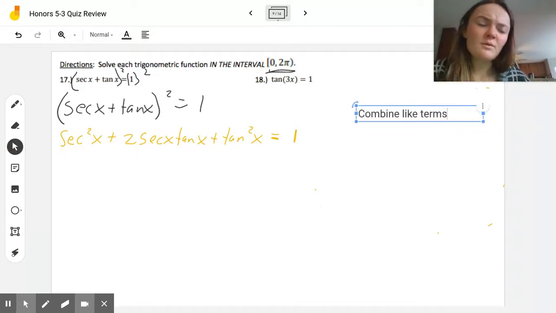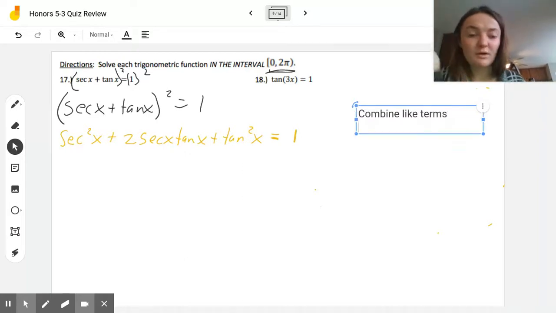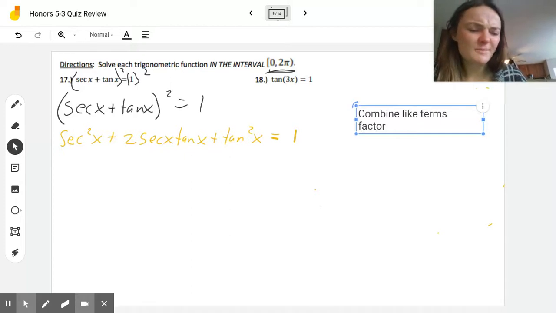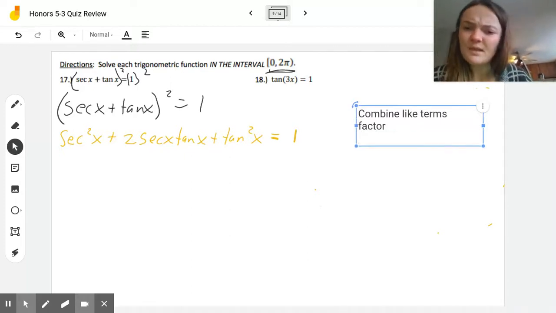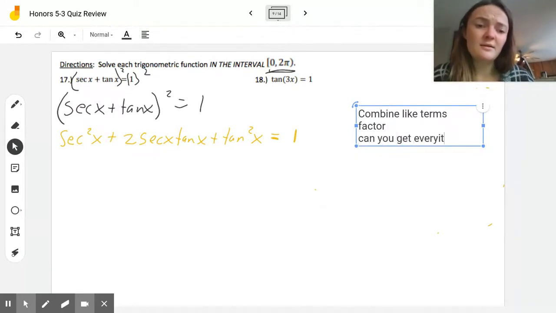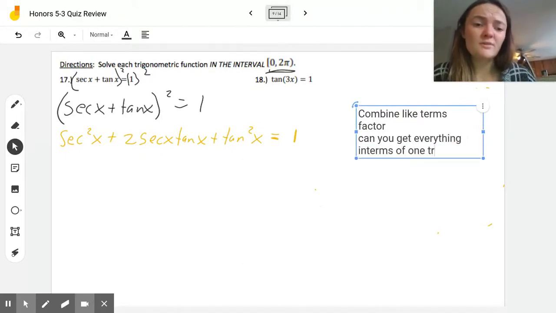Well, I can't really combine like terms at this point. I've done all of that. Next thing I can look to do is factor. I just did the opposite of that. I don't want to do that. So I'm trying to figure out what to do here. Well, most of these problems come down to this: can you get everything in terms of one trig function?